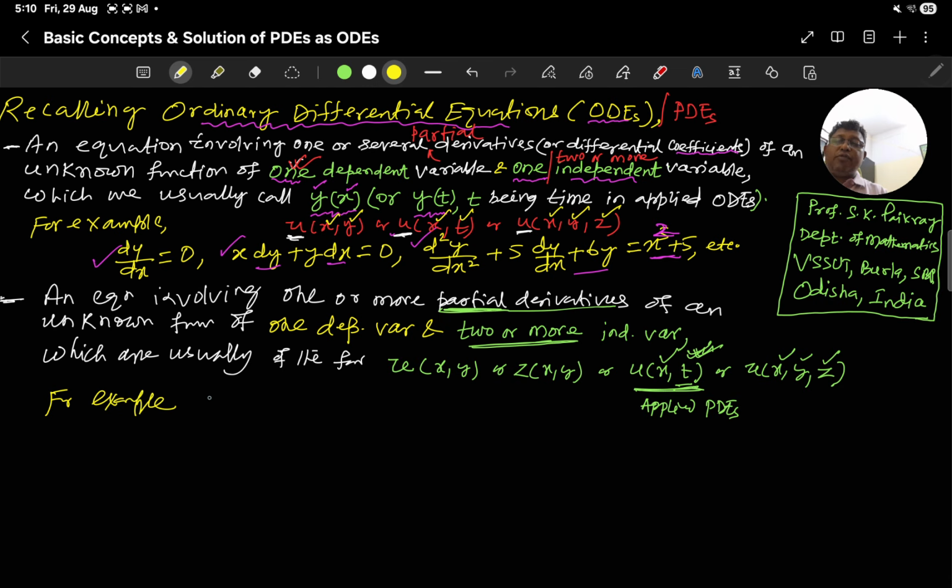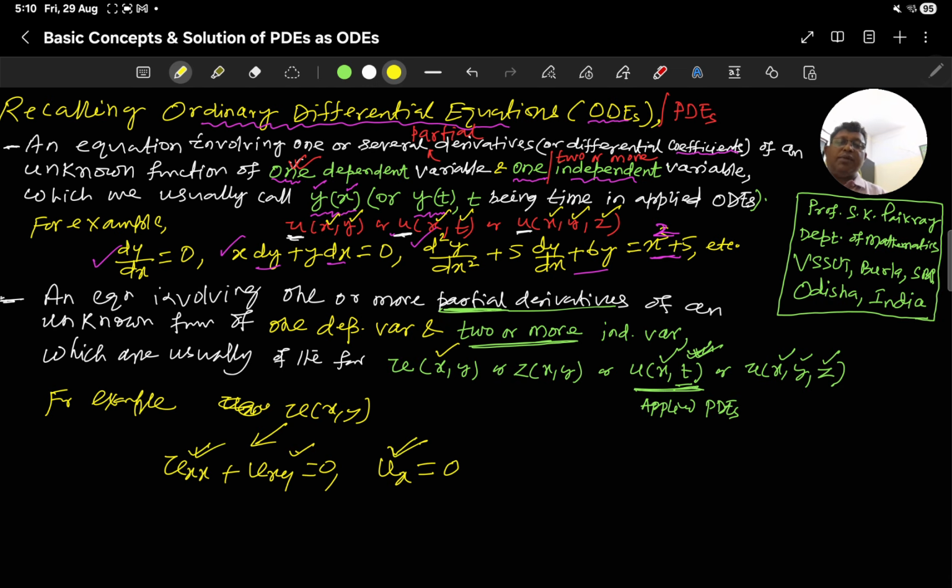For example, from the viewpoint of my u of x y, I can write u xx plus u xy is equal to 0, or simply I write u x is equal to 0. This is also a PDE. It involves one partial derivative term. The other involves two partial derivative terms.